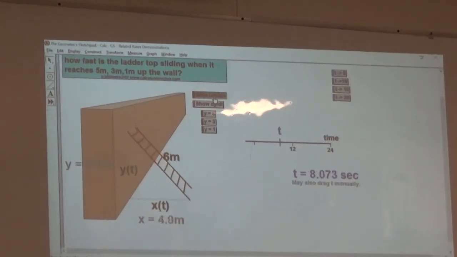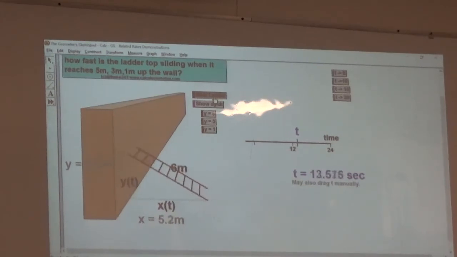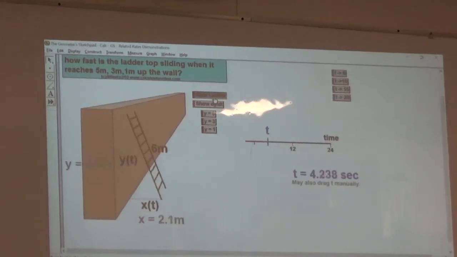Slide, slide, slide. It doesn't slide away. And for some reason in this diagram, the ladder bounces off the floor and goes back up the wall. That doesn't work. That's not actually what's happening. Everybody okay?